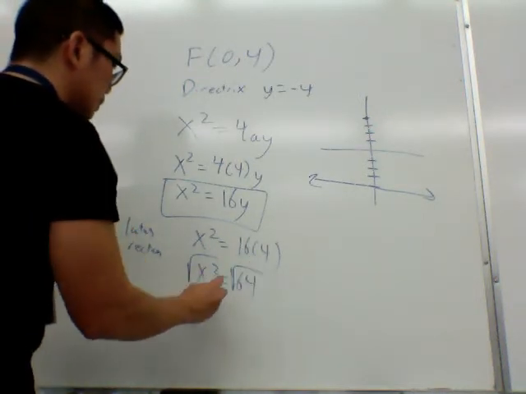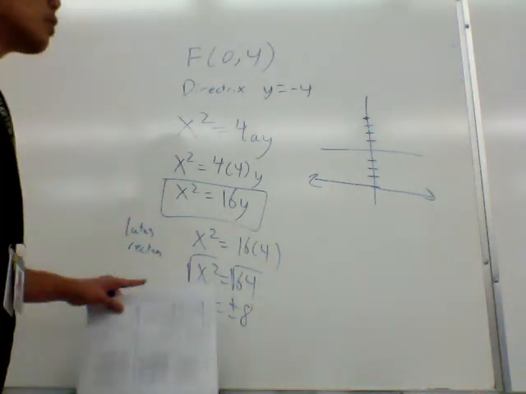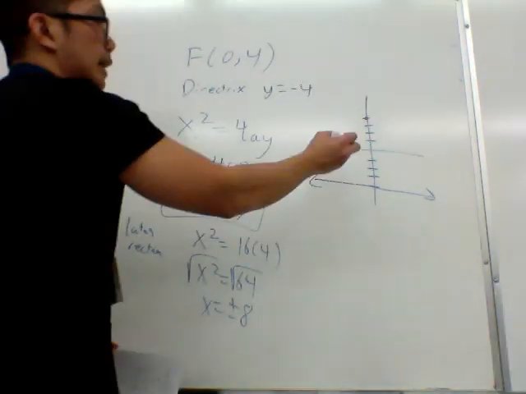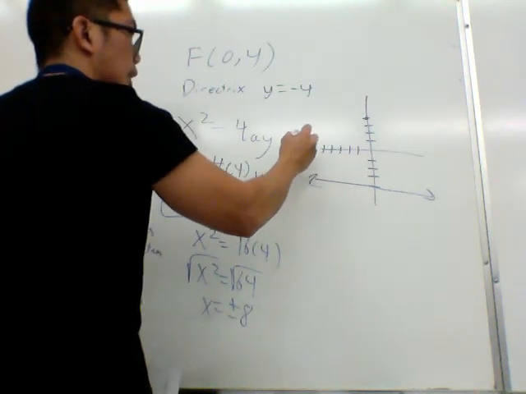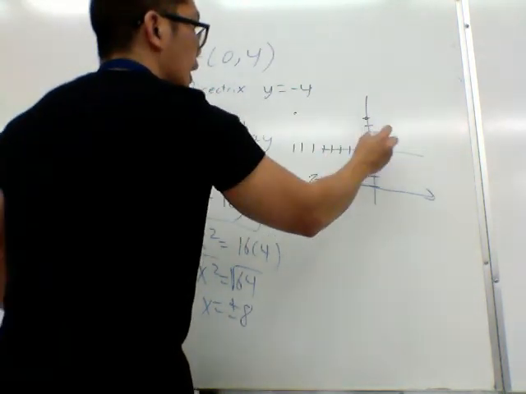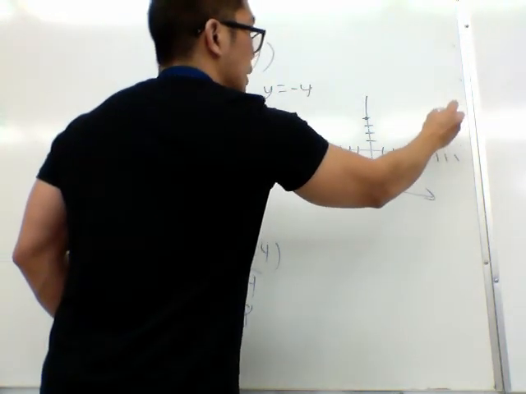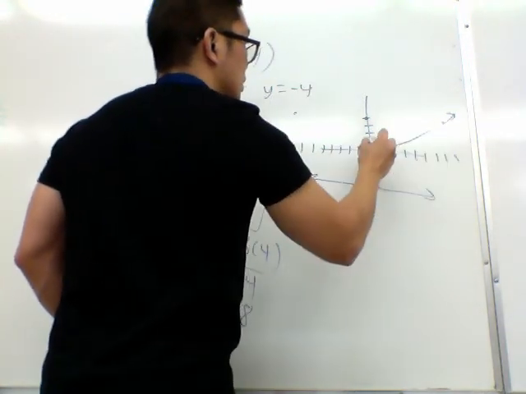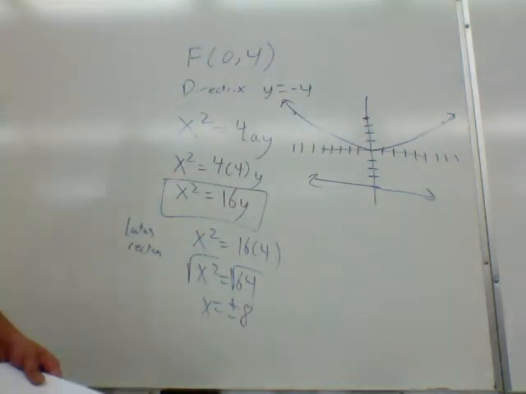I square root both sides, and I get x is equal to plus or minus 8. So now I just know that at the focus, I'm going to go 8 to the left, and I'm going to go 8 to the right, and your parabola will open up like that.